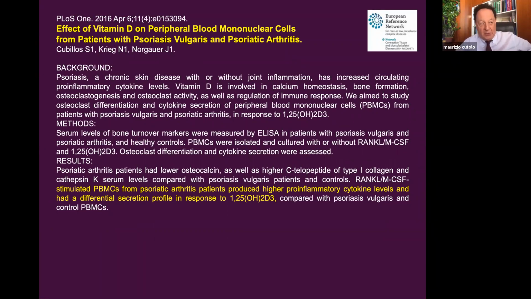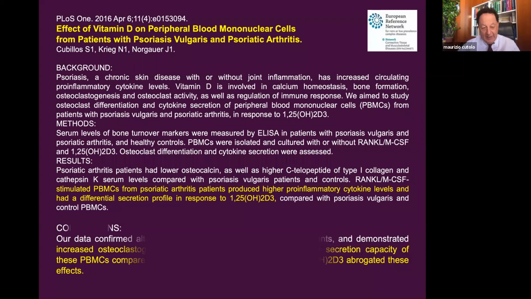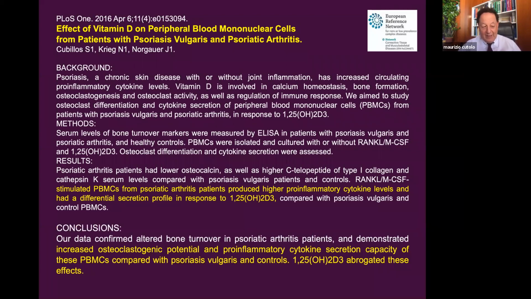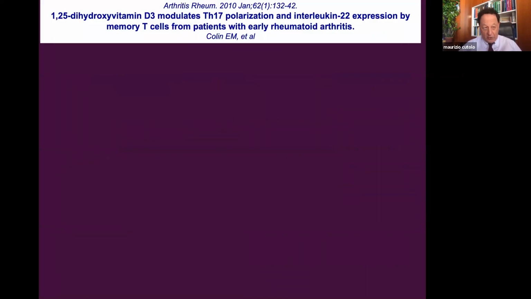But much more interesting is psoriasis and psoriatic arthritis, because of the effects we mentioned on downregulating IL-17. You know that today psoriasis is successfully treated with monoclonal antibodies that block IL-17. And here it was evident that vitamin D in psoriatic arthritis also reduces the activity of important phagocytic cells like macrophages or osteoclasts and reduces the erosions.